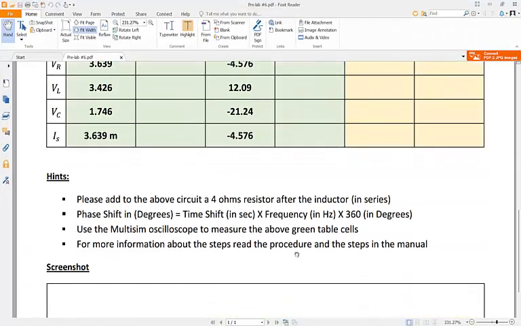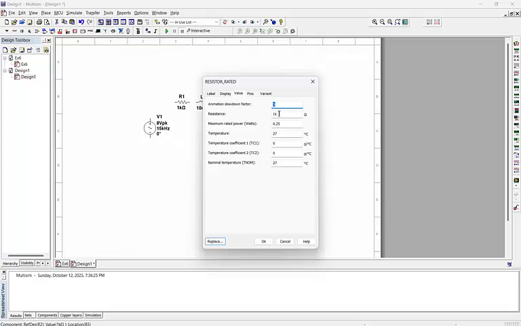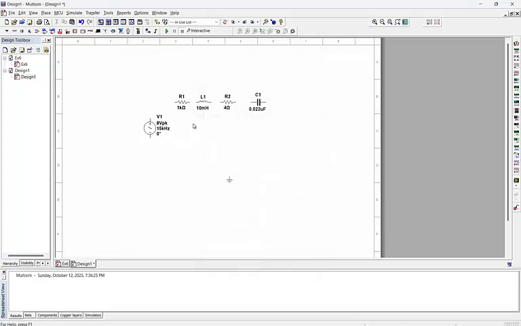And here notice that in the comments it says to put a 4 ohm resistor after the inductor in series. To put it 4 ohm. Connect the circuit. Connect the ground.